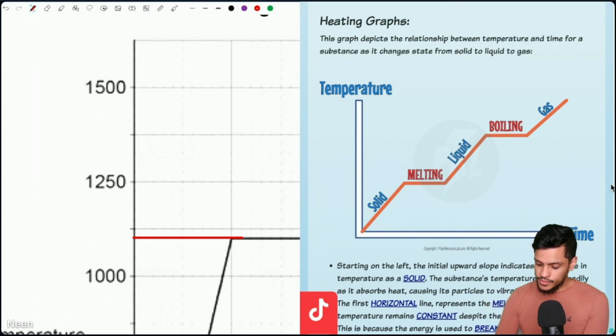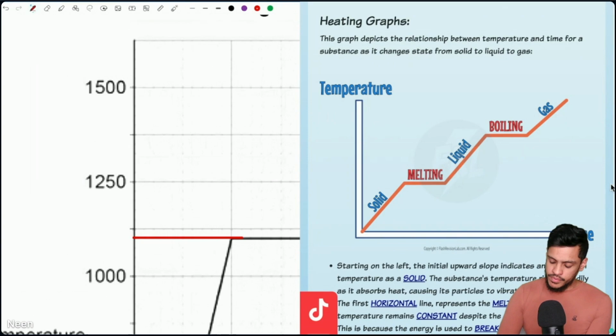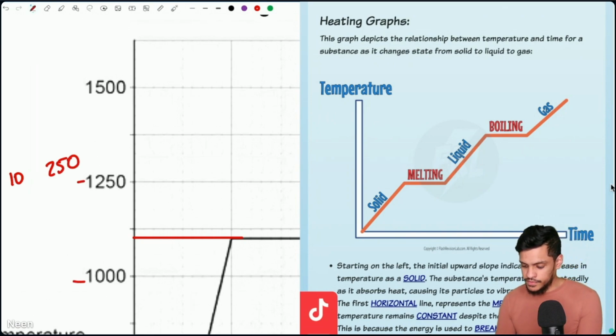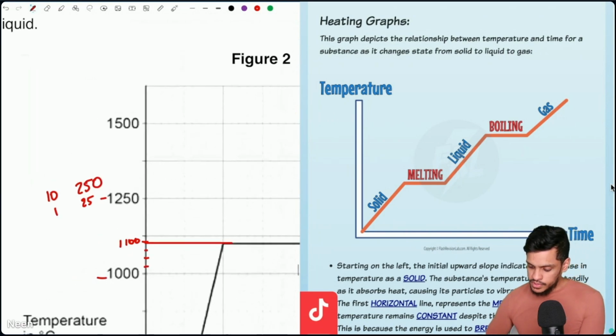So that means 1 square would represent 25. So 10 squares is 250 because it goes from 1,000 to 1,250. So that means 1 square is 25. How many squares are there here? 1, 2, 3, 4. So 4 times 25, that makes 100. So it's basically 1,000 plus 100, which is 1,100.